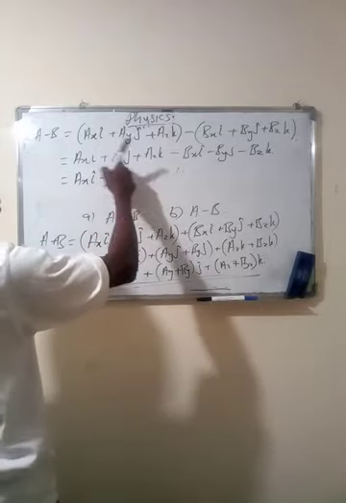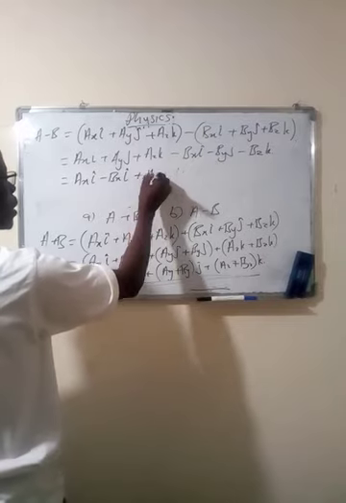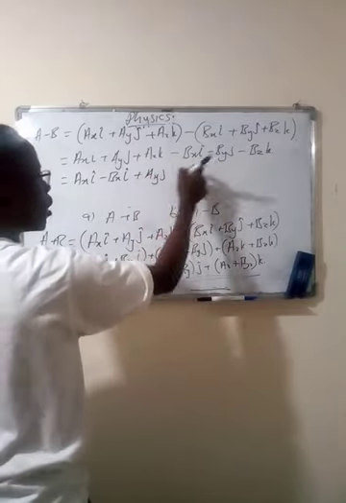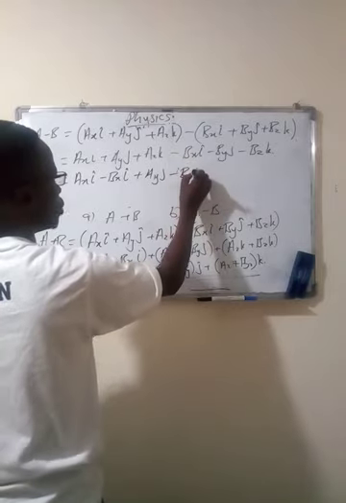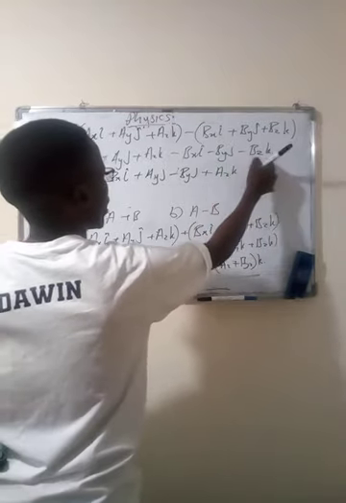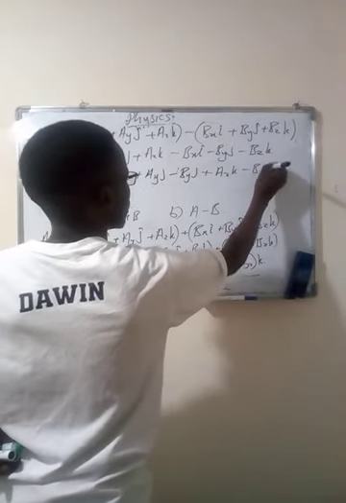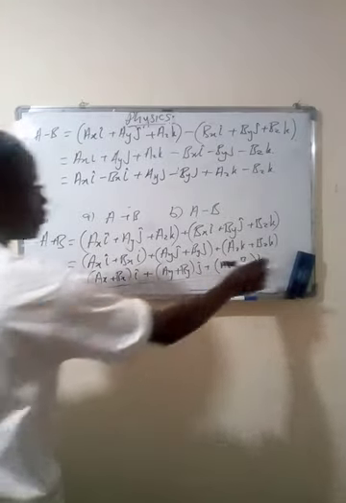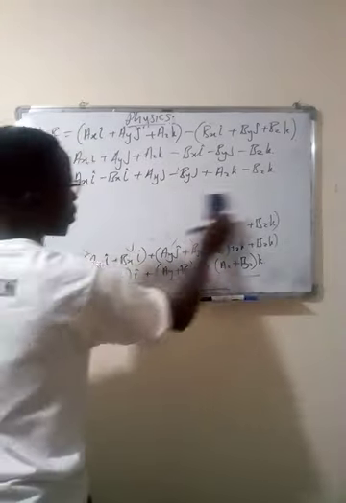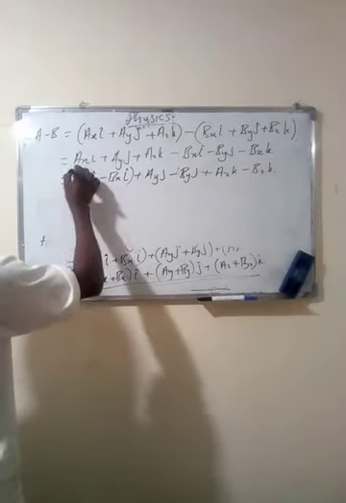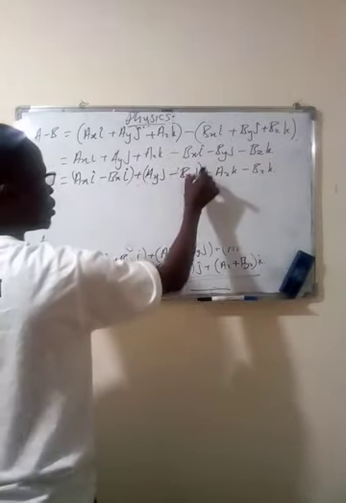Then we have this one plus AY J minus BY J, then plus AZ K minus BZ K. If we factorize, we can put them in brackets like that.